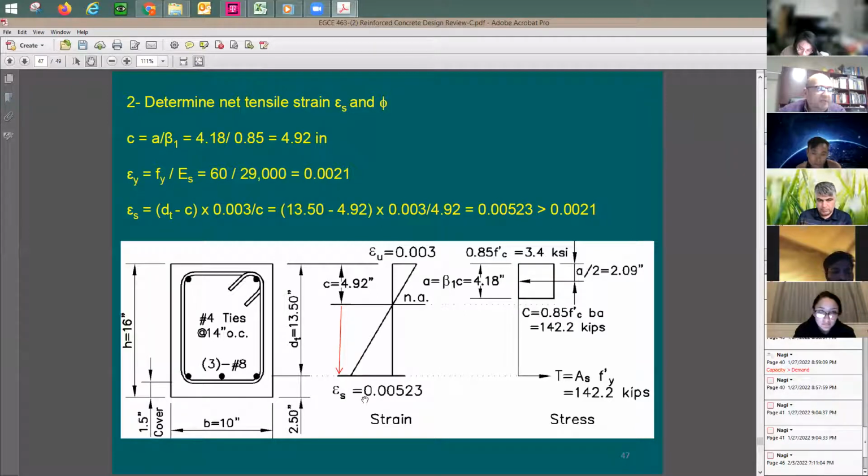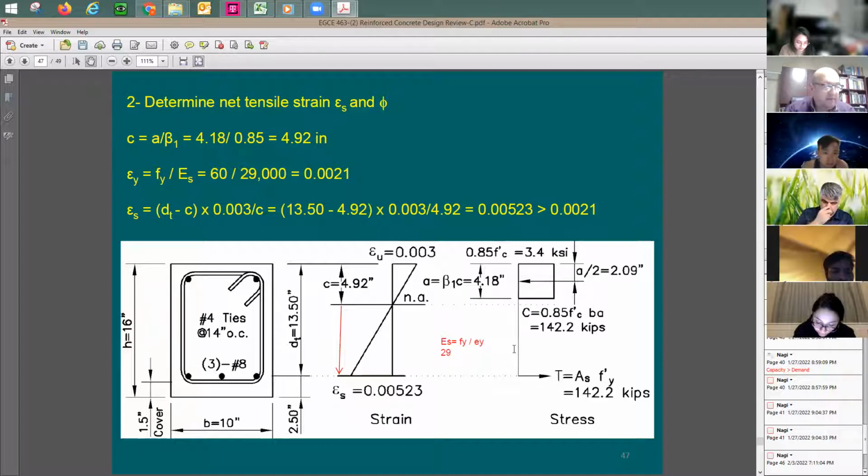We determined that the strain in the steel is going to be 0.005 and the yield strain is 0.002. How do we come up with the yield strain? I say here Es equals Fy divided by, instead of epsilon, I'm going to be using E sub y, the strain at the yield point.